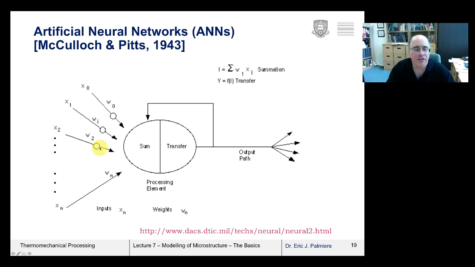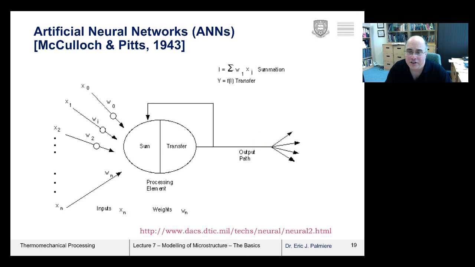So we have information relating to composition, to heat treatment, to quenching medium, to all of these parameters that we discussed. We take it into an algorithm to process and delineate the important variables from those that are less important. So there's a ranking, if you like, and then we can get outputs from that model.